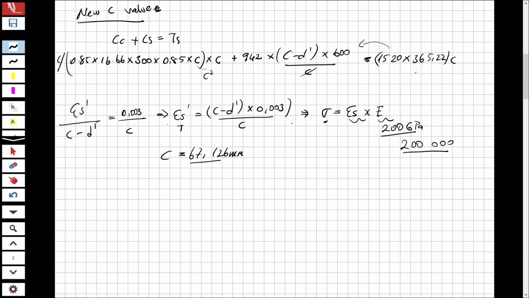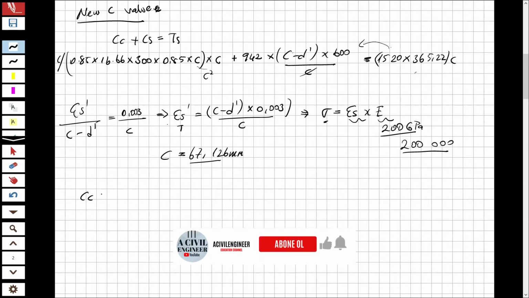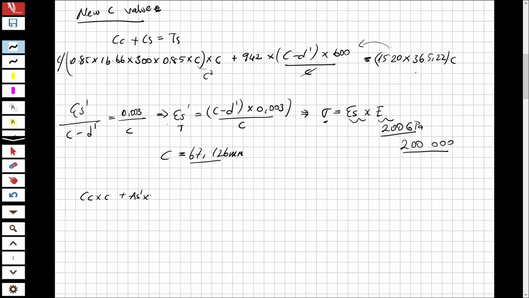But I'm gonna give you a formulation here. Let's write it: CC multiplied by C plus AS prime multiplied by 600. And one second, I'm gonna check the formula again. I don't want to make any mistakes. I'm really sorry.